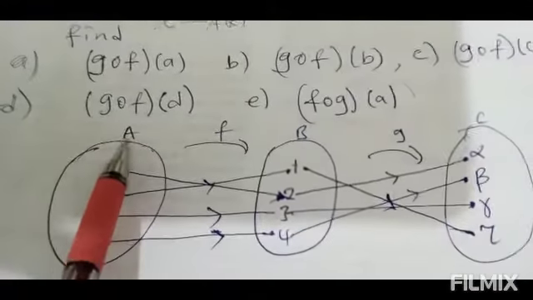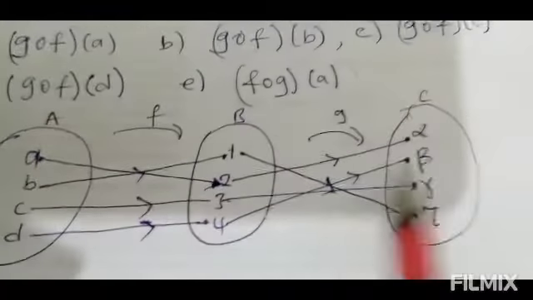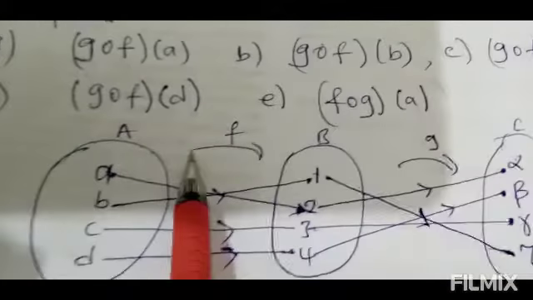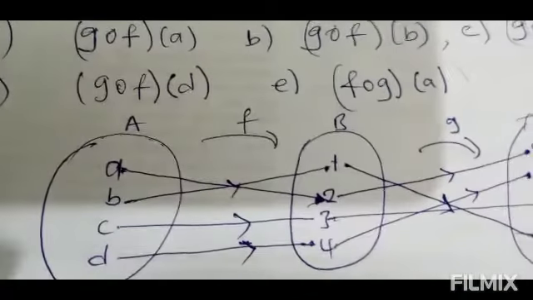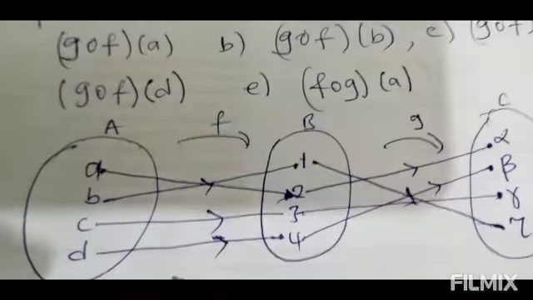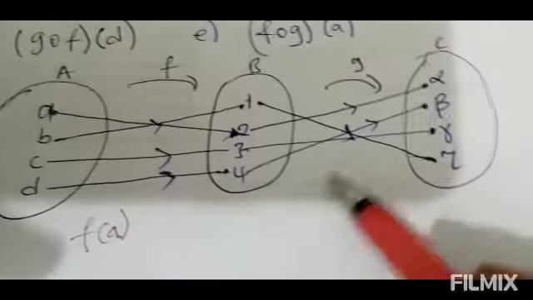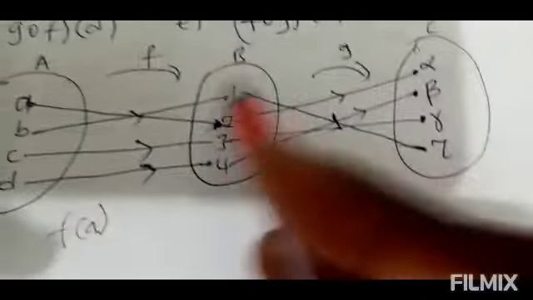Now look, A to B, B to C. a, b, c, d, 1, 2, 3, 4, alpha, beta, gamma, and tau. So this here is f and this is g. Here we are going to have f of a because this is f, and here we are going to have g of something from here.